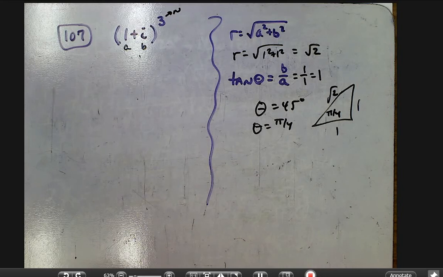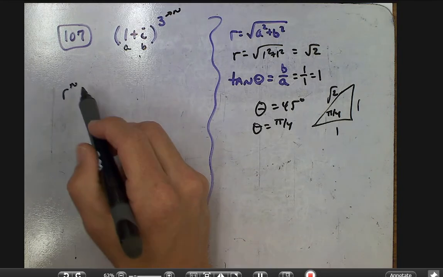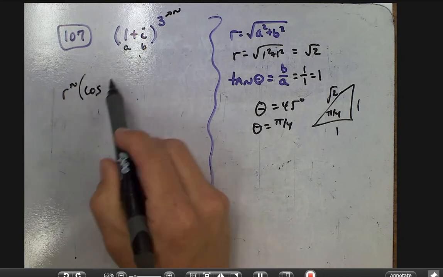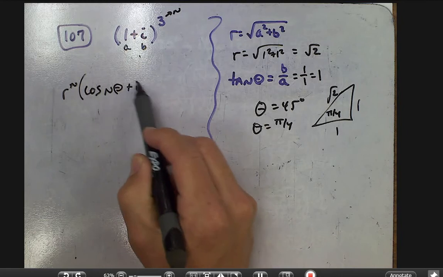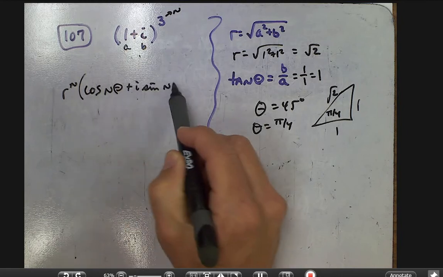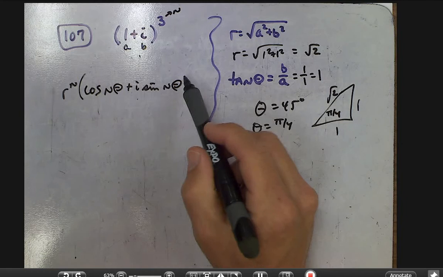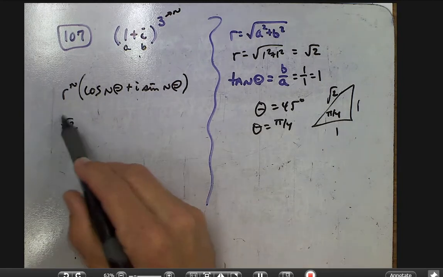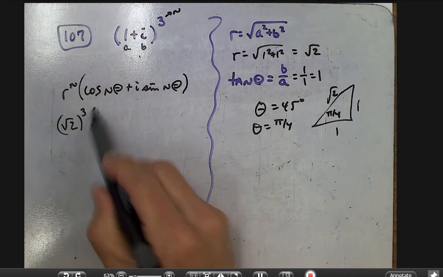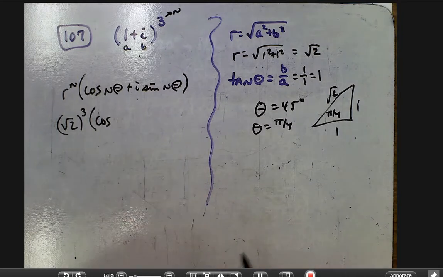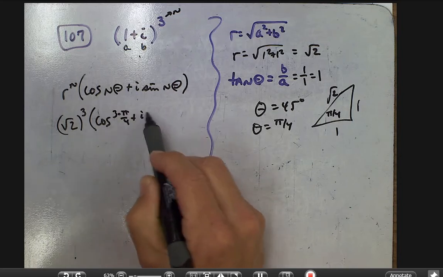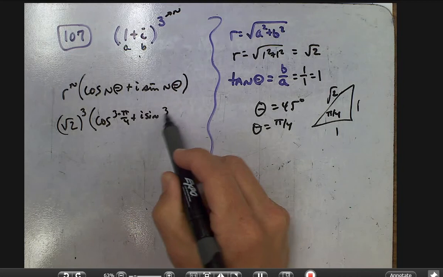So my formula: r to the n times the cosine of n theta plus i times the sine of n theta. So it's going to be square root of 2 to the third times the cosine of 3 times pi over 4, plus i sine 3 times pi over 4.